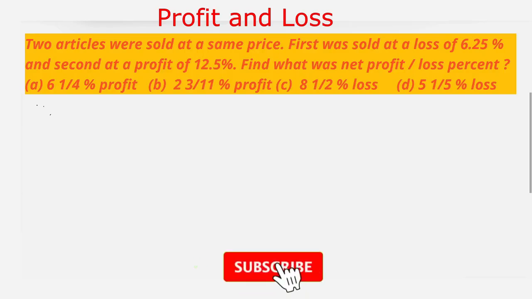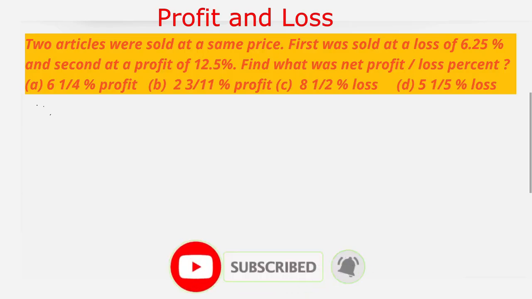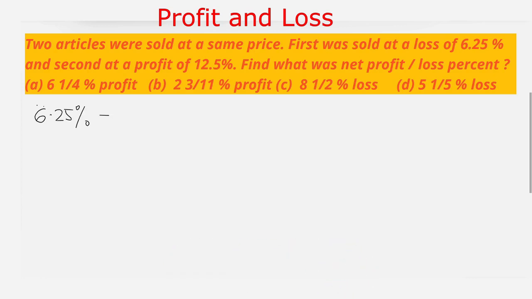We solve it like this. The first article was sold at a loss of 6.25%. This is equal to 1/16 when expressed in fractions. And the second article was sold at a profit of 12.5%, and this is equal to 1/8 when expressed as a fraction.